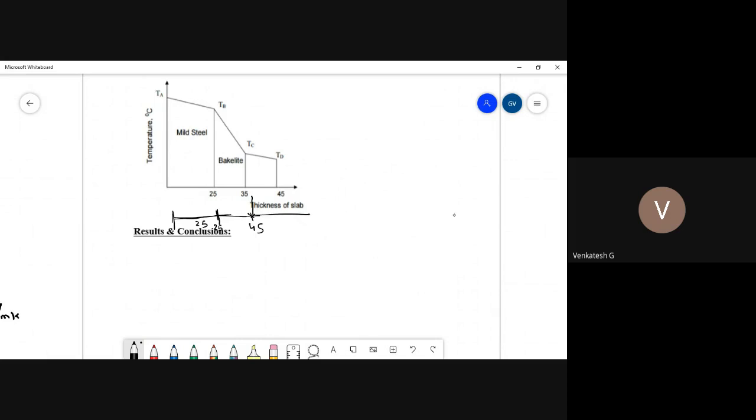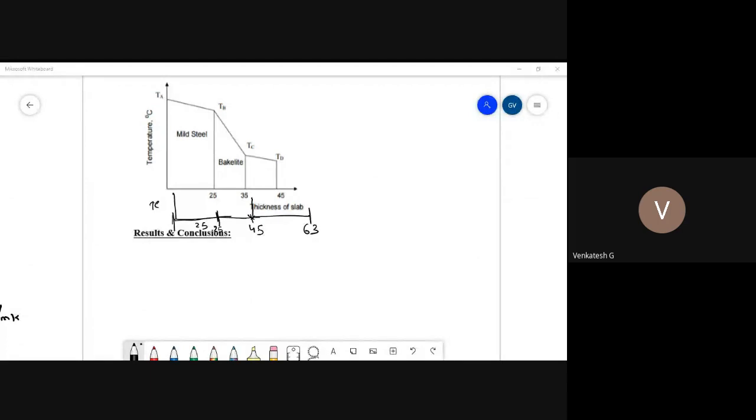Next, plus the thickness of the wood, which is 18 mm. 45 plus 18, total 63. The remaining axis is temperature. In the results, you can write down all the thermal conductivities: the thermal conductivity of the composite slab as well as of mild steel, bakelite and wood. So this is how we calculate the thermal conductivity.